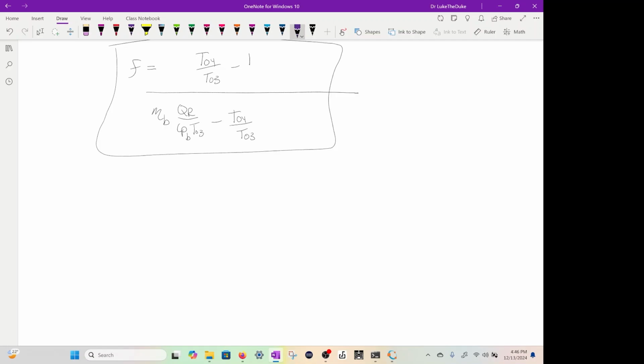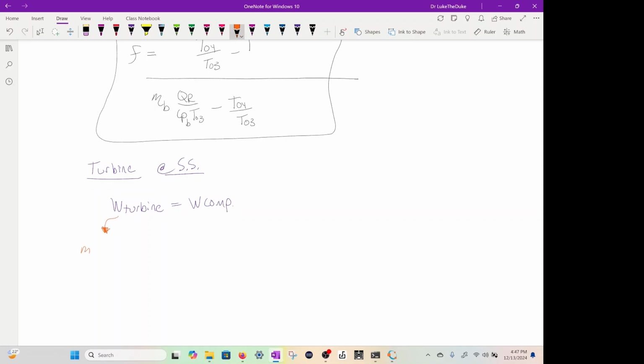Okay, all right, so now let's look at the turbine. And what we need to assume at steady state is that the work of the turbine should be equal to the work of the compressor. Okay, so if you did the energy balance of the turbine, you get m dot T, H4 minus H5, and then it would equal m dot C, the compressor, H naught 3 minus H naught 2.